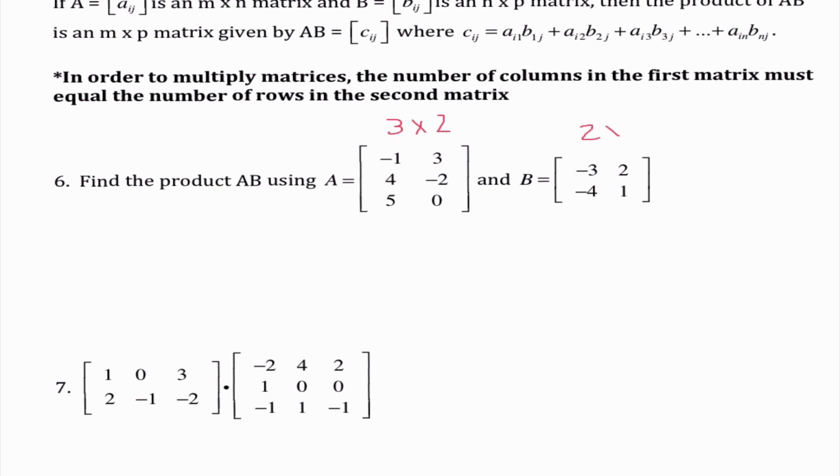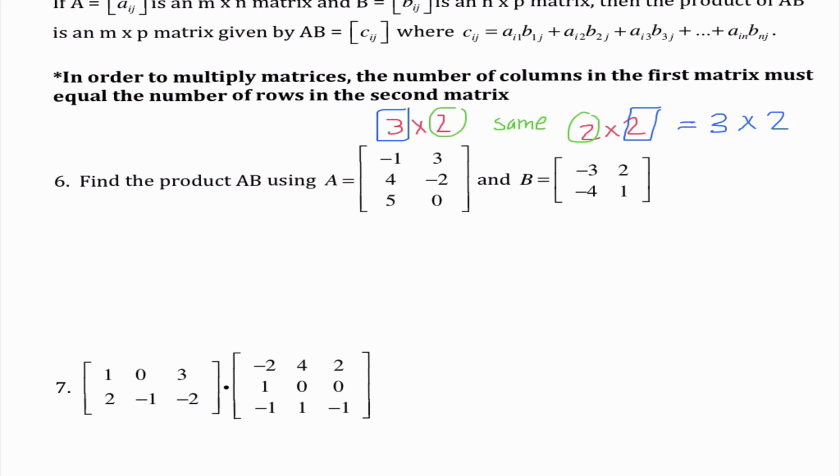This is a 2 by 2 matrix. These numbers right here have to be the same. If those are not the same, then we can't do anything. Our final answer is going to be those dimensions that are on the outside. So our final answer is going to be a 3 by 2.